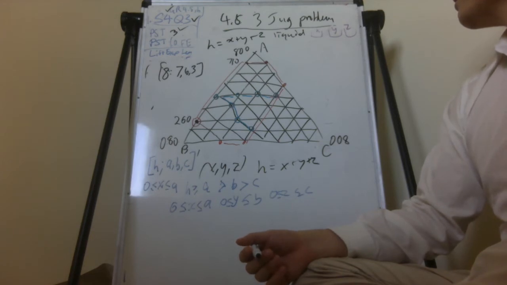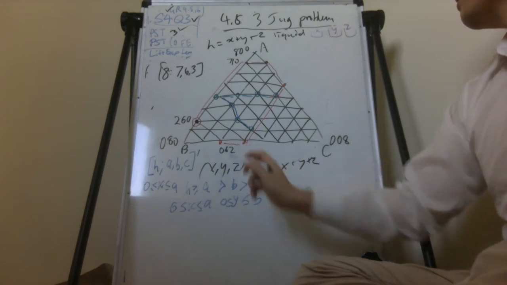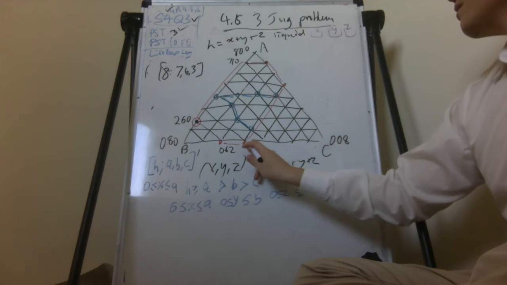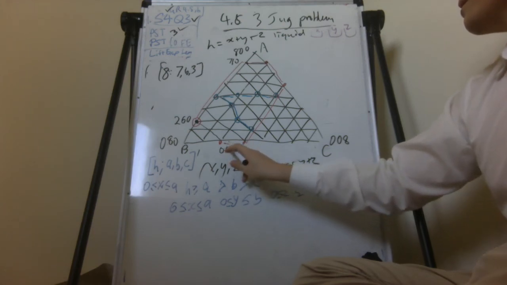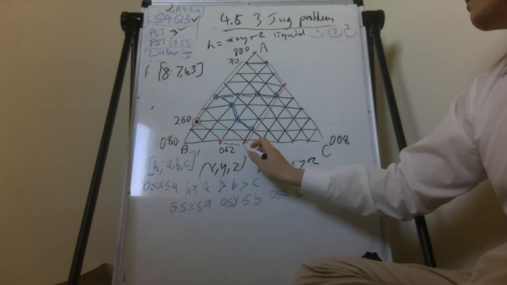So 0, 6, 2, for example. That's here. And then you can go to here: you can put 6 into 2, which gives 0, 5, 2.